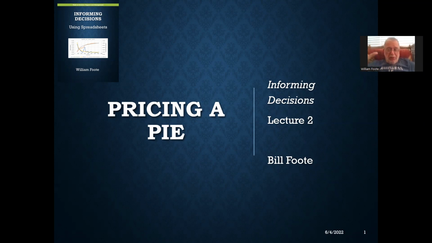The whole story of the pie is in the very first chapters of the Informing Decisions book, and I urge you to look that up. We're not going to create a beast of a picture like the one up in the upper left-hand corner, but something similar, actually something very useful, called an interactive dashboard.